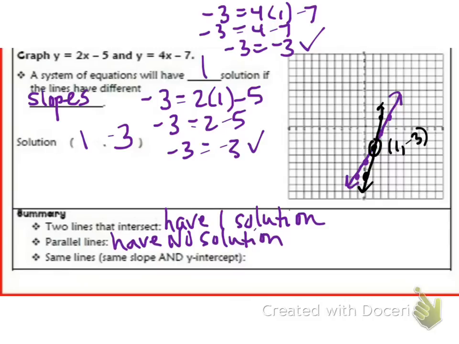Same lines have the same slope and the same y-intercept. They have infinite solutions. Remember, these are also called coinciding.